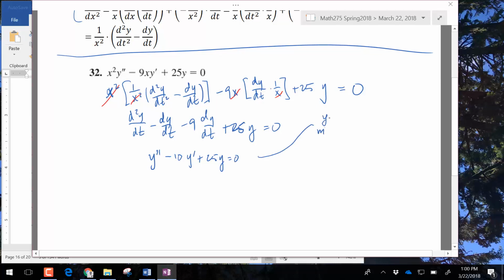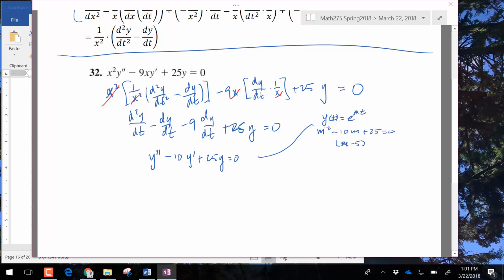Your solution y of t, and remember that it's a t, is e to the m times t. So m squared minus 10m plus 25 is equal to 0. It's a perfect square, 5, 5.